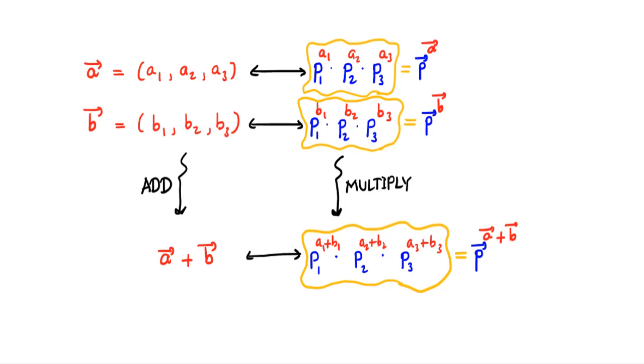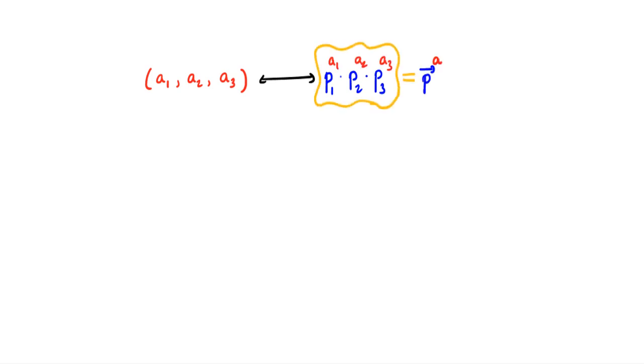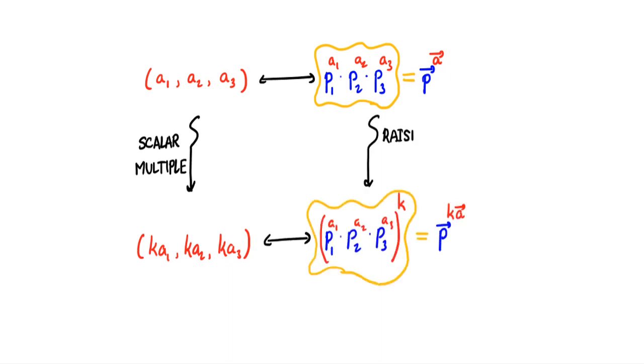So, we can just abbreviate this notation like this. But in this notation, you can now more clearly see that when you multiply two expressions together, the exponents add up. Okay, so this works perfectly fine with vector addition. And what about scalar multiplication? Well, same thing. If we have this expression corresponding to this vector, then k times this vector is raising to the power of k.